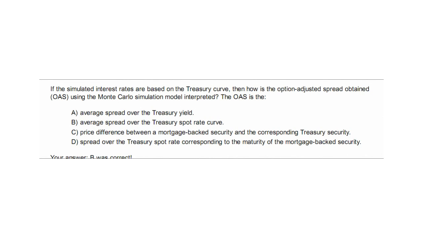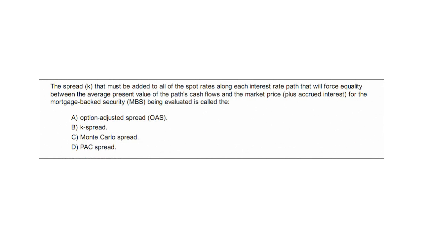As such, the option adjusted spread measures the average spread over the spot rate and not the treasury yield rate. So the best option here is option B, the average spread over the treasury spot curve rates.